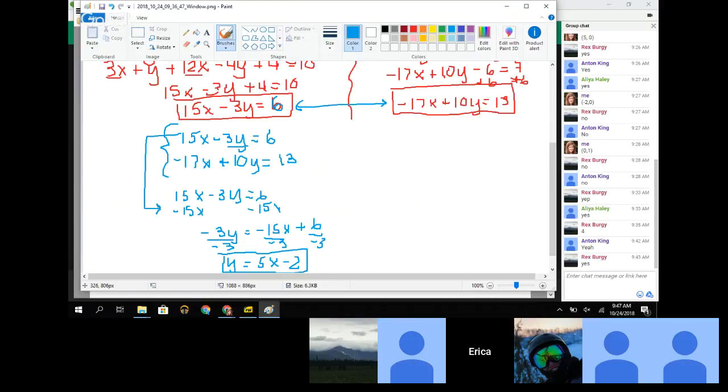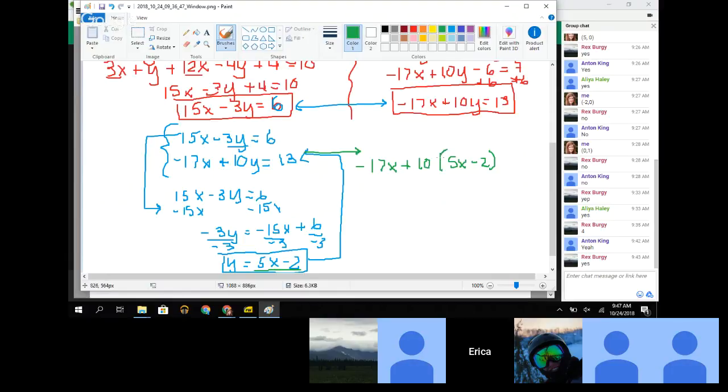Now I'm going to take that and I have to plug it in. I have to substitute it into my other equation, right? So I have to substitute it into this equation, my opposite equation. So we'll do that and we'll put that in green here. So now I have negative 17x plus 10y, but instead of y, I'm going to write in 5x minus 2.